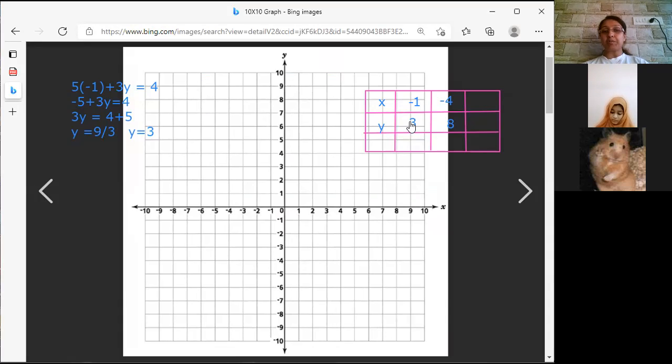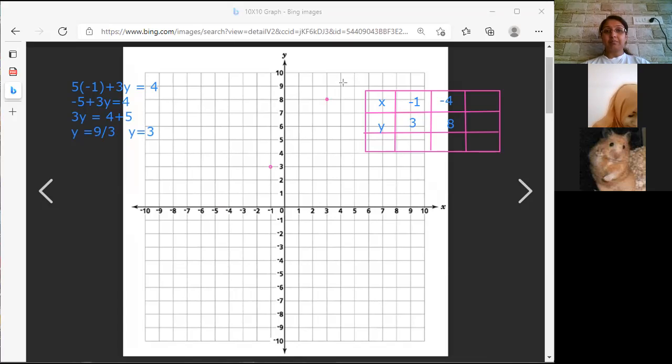Which quadrant is it going to come in? Minus 1 and positive 3. Will it come here? Yes. Then I have 3 and 8. It is going to come here. And then you will just draw the line.